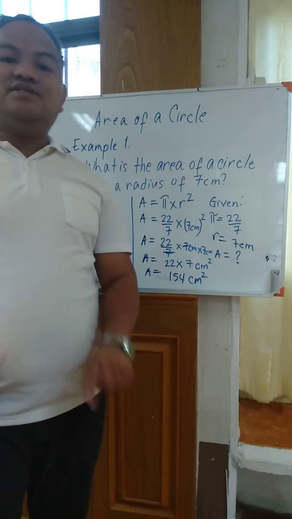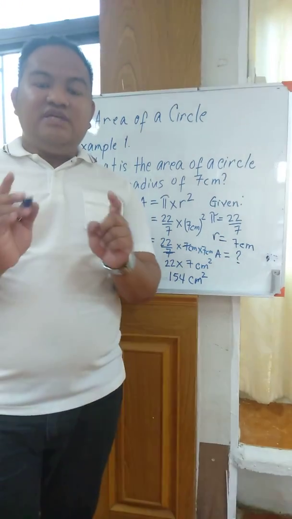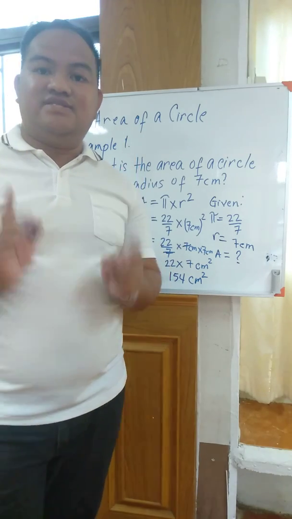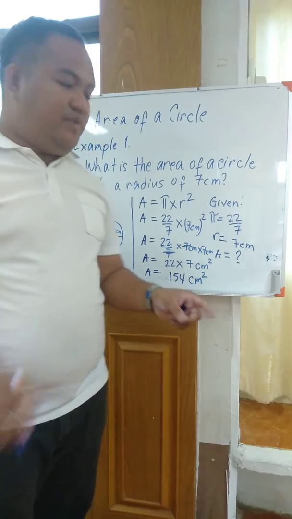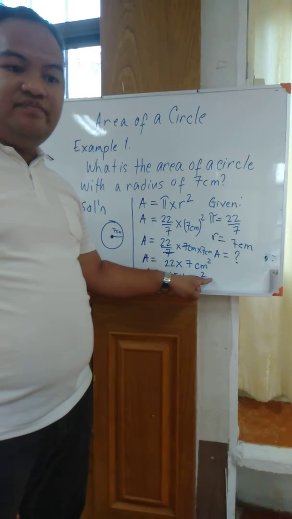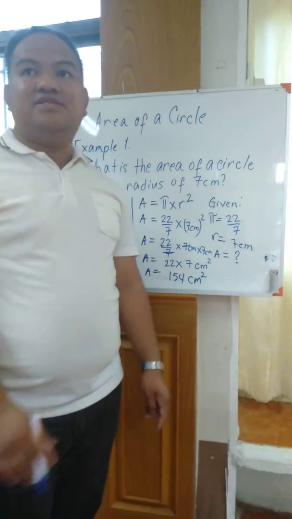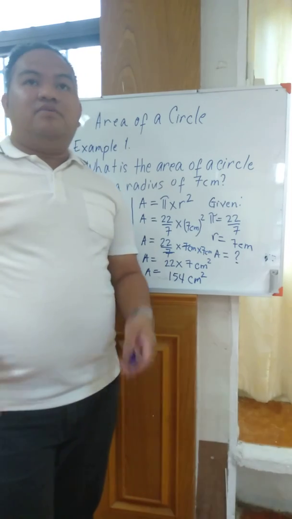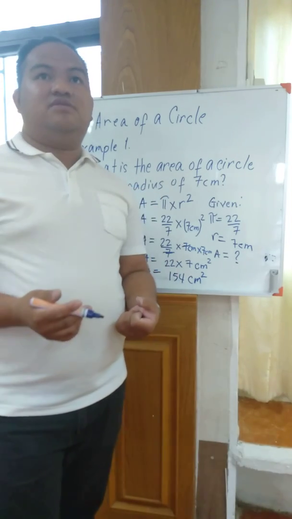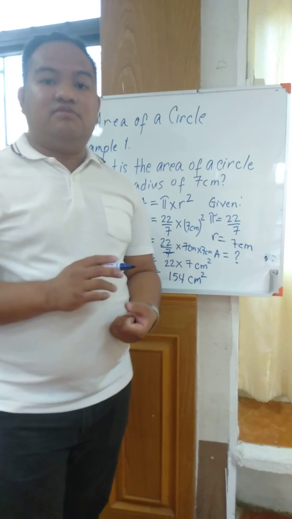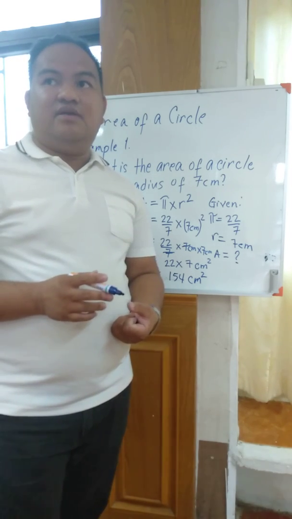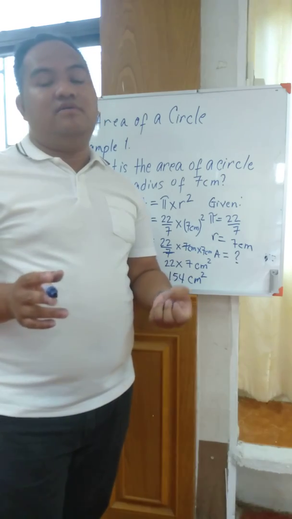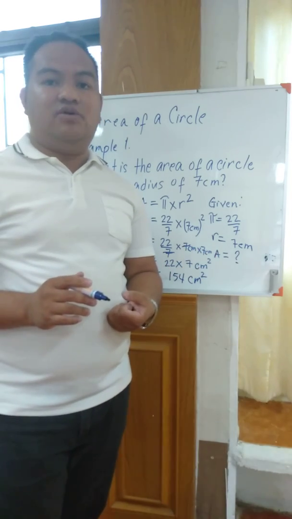Okay, you always remember that the unit of a circle, especially the area, is always to the power of 2. Because most of the students in Thailand are quite confused about putting the unit of the different values that they found after solving.